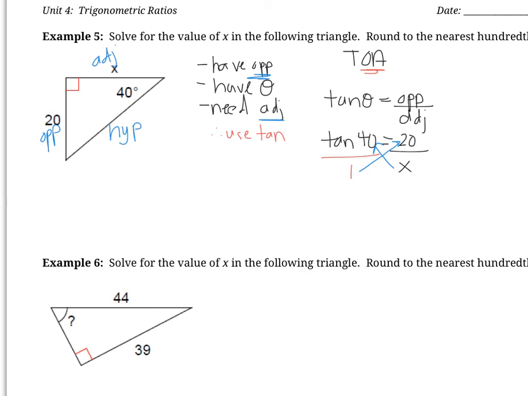It's called cross multiplication, and you can only use this when we have two fractions on either side of an equal sign. So I'm going to multiply x times tan of 40, so it's going to make x times tan of 40 equal to 1 times 20. Cross and multiply. 1 times 20 is just 20.